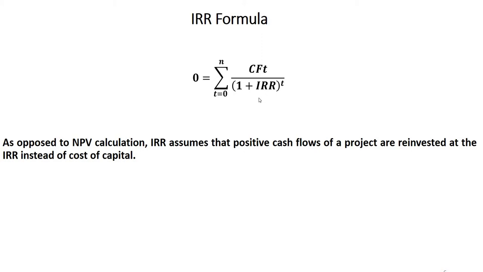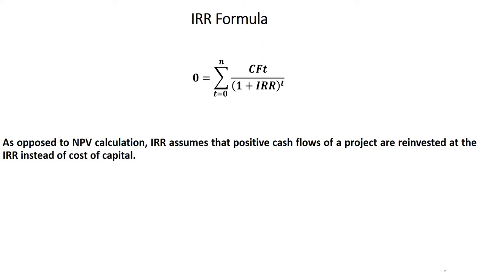NPV assumes that all of the positive future cash flows are reinvested back at the discount rate, but IRR assumes that they are reinvested back at the IRR instead of cost of capital. So that's a flaw with the IRR methodology, and that's why modified IRR was developed, and we're going to talk about that in a different video.